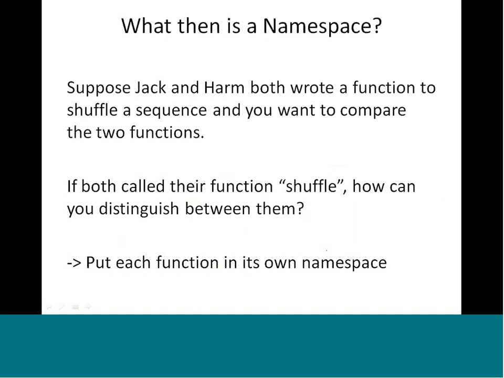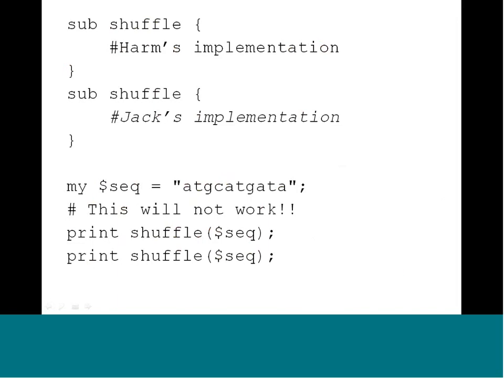So here is one example. I have two engineers, Jack and Harm. They both wrote a function to shuffle a sequence, and you want to compare the two functions. They both call this function shuffle. Now, how do you distinguish between them? The way to distinguish between them is to put the function in its own namespace. So now we call the first one Jack's or Harm's.